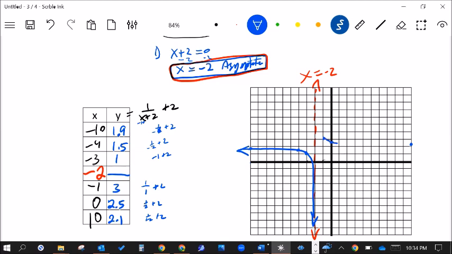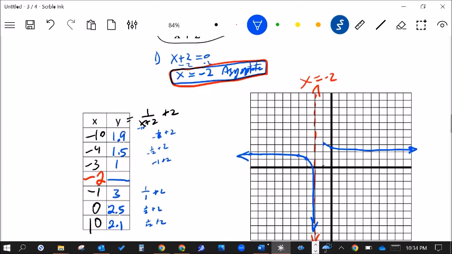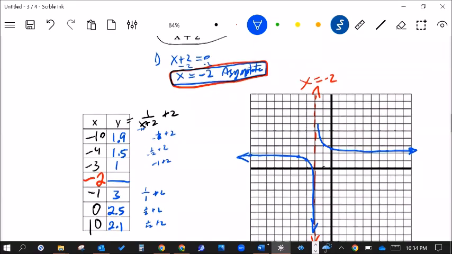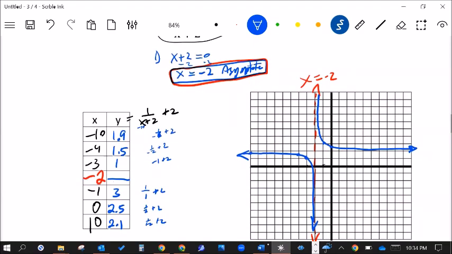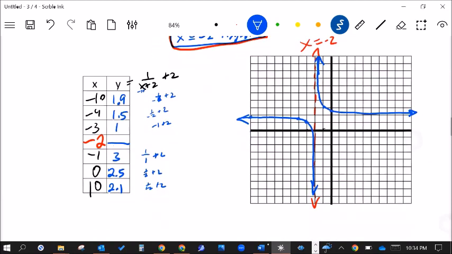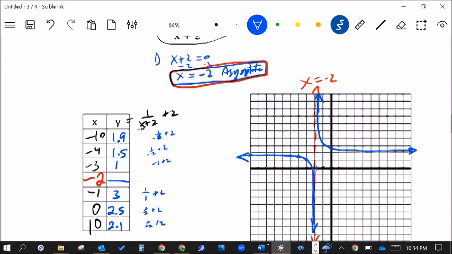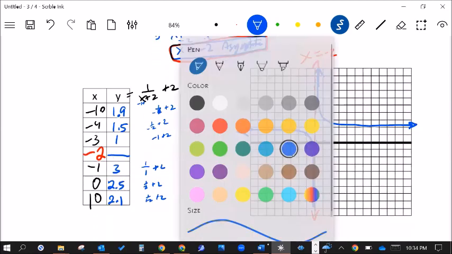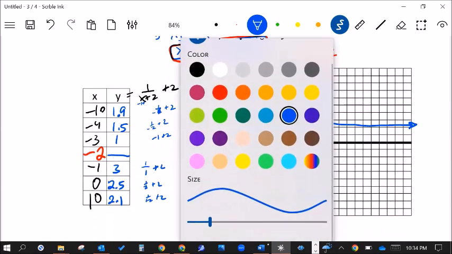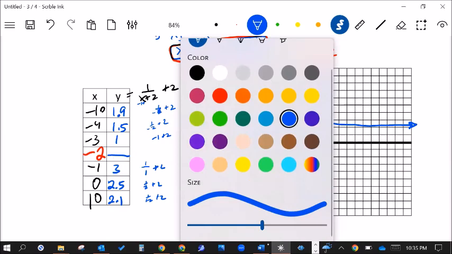So we can see that these are supposed to go along here. And then this one's going to go up and just go along next to the asymptote. Now, if we put in like -1.9, we get a larger number way up there, probably 20 or something like that. But now you see how this is graphed.